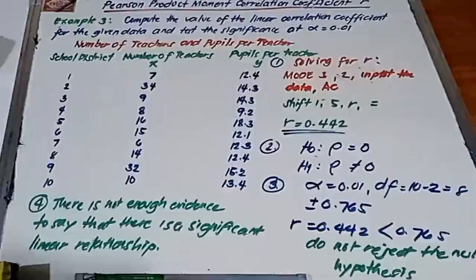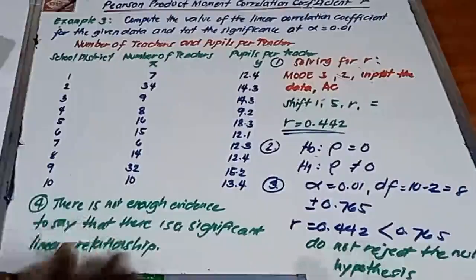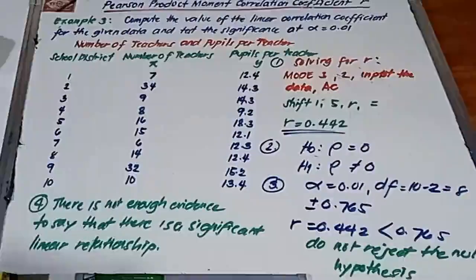Okay? So ito yung pinakamabilis na paraan in solving for the linear correlation coefficient and to test the significance at the given value of alpha na na-compute natin na correlation coefficient. But I'm not advising you to do this. This is just my example on how we're going to compute the value of R using scientific calculator.